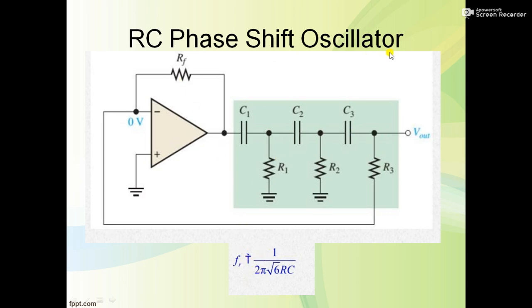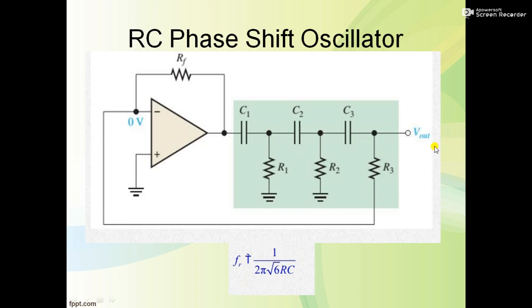Whatever oscillations the RC phase shift oscillator generates are represented by this equation. Please make a correction, this is not R and T, it is F is equal to 1 upon 2 pi square root of 6 into RC. This is the frequency of oscillation formula.